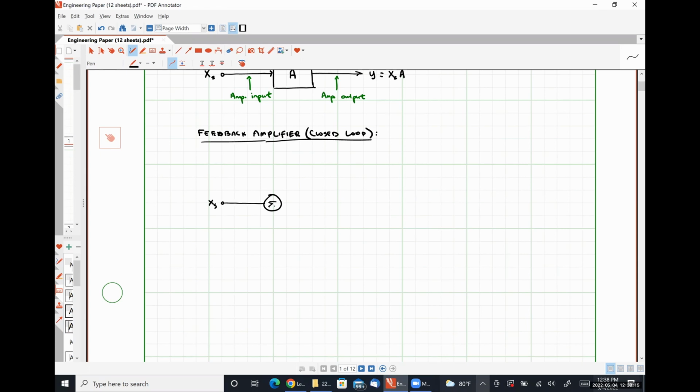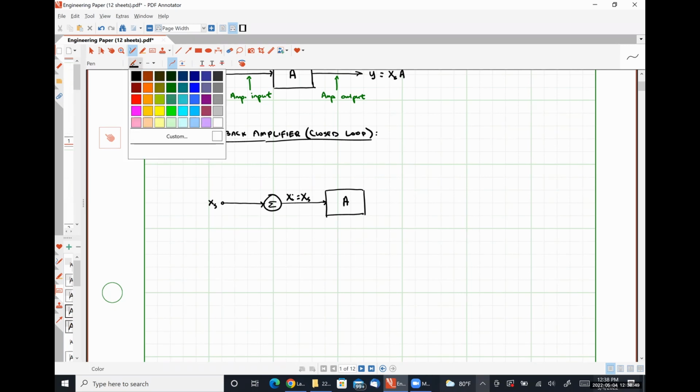And then we're going to have some sort of mixer here. And we're going to talk about this more in a little bit, okay? But our source signal gets applied to some sort of mixer. And in turn, we get some signal XI, which for right now, I'm just going to call XS, okay? That gets applied to the input port of our amplifier.